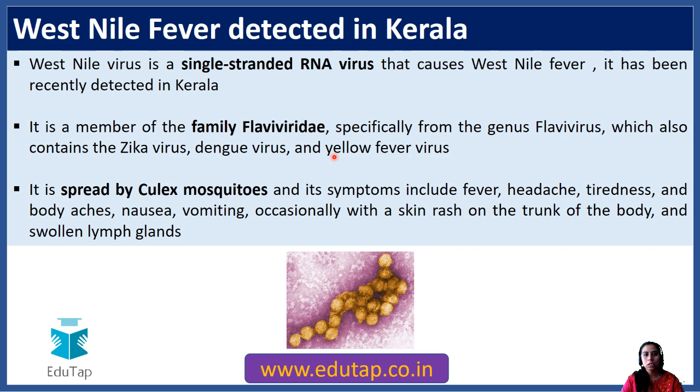So you know, West Nile fever is actually a viral disease, and it was recently detected in Kerala. It is spread by mosquitoes. Culex mosquitoes are the vectors for it, and that is it. Just keep in mind it belongs to the category of other viruses like Zika virus, dengue virus, etc. So keep in mind what this West Nile fever is and where the case was detected. You will be done with this news.